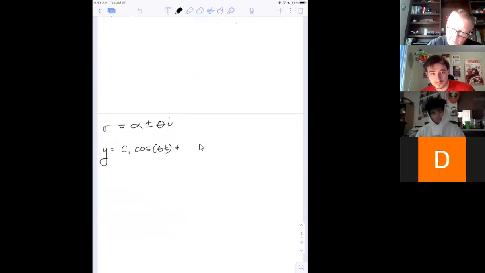And then C1 was also multiplied by the sine of 4t, except we had this I that was missing, right? And all I did there is just distribute the C into it.